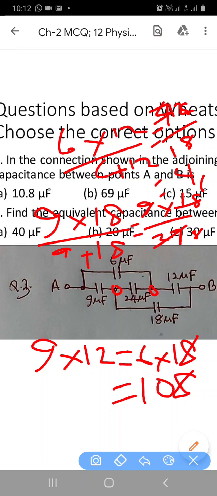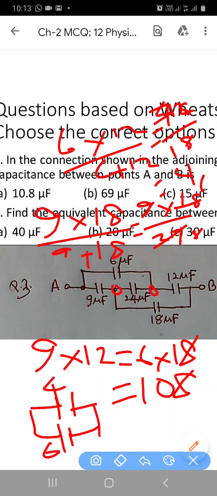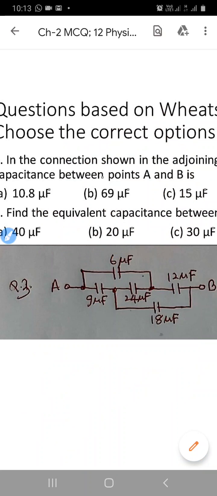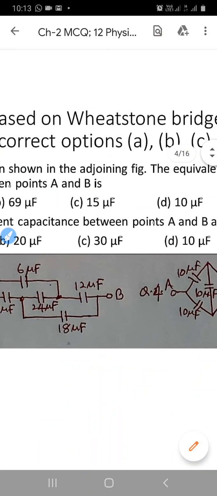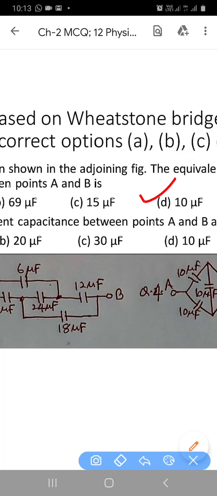Now 4 and 6 are in parallel here. So equivalent capacitance will be 10 microfarad. So for this question option D is correct, 10 microfarad.